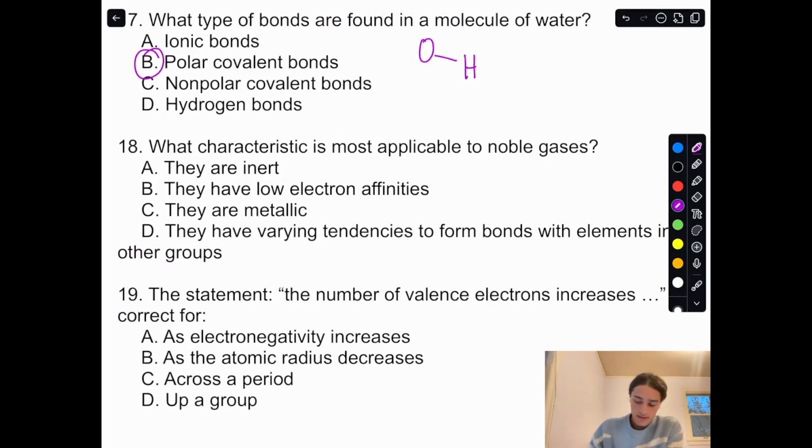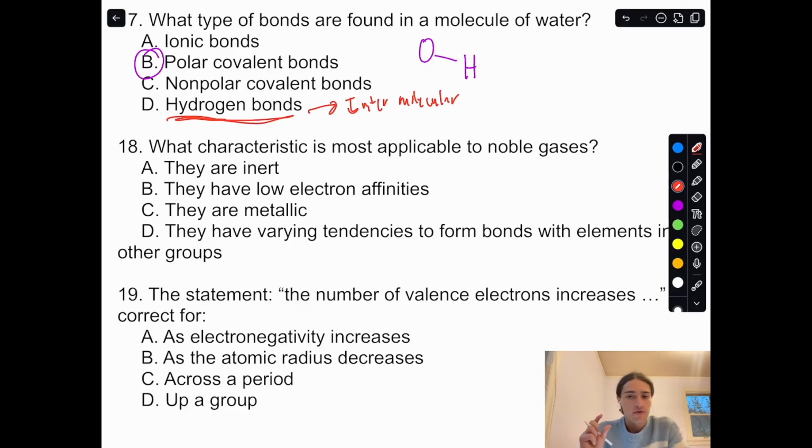Hydrogen bonds might have been tempting to some, but I guess we haven't talked about this in the videos yet. What we're going to learn is that a hydrogen bond specifically refers to an intermolecular force, so it only refers to multiple molecules.